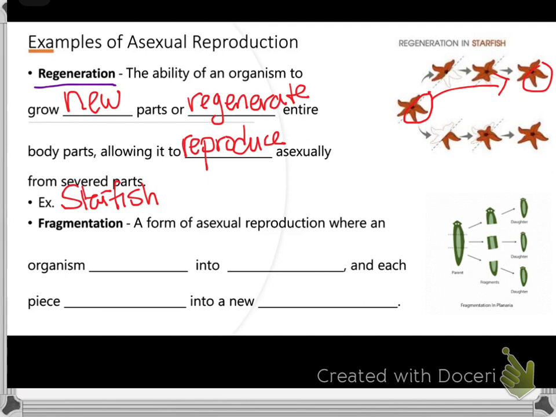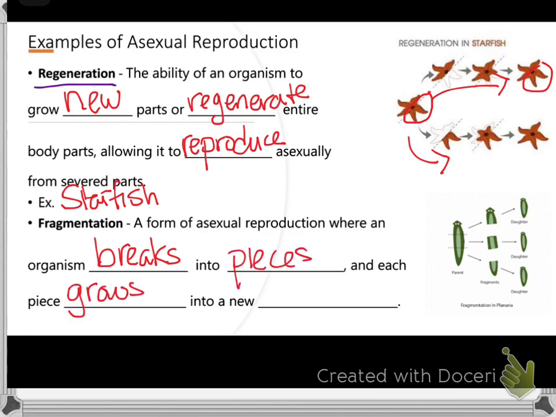Fragmentation is a form of asexual reproduction where an organism breaks into pieces and each piece grows into a new organism. So you see over here on the right, this example is a planaria. And it's a flatworm, essentially. It's showing you it's cutting it into three pieces.